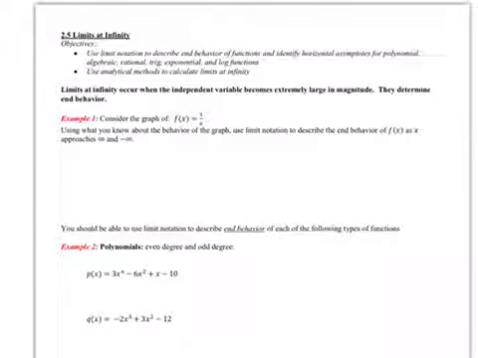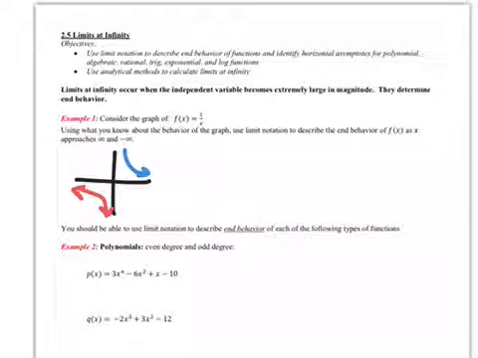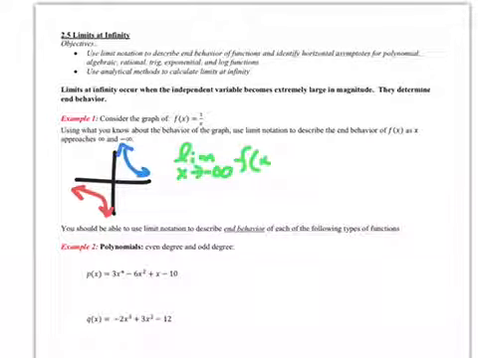So let's look at the first example. When we look at the function f of x equals 1 over x, we've got two separate stems to this graph. And in limit notation, the limit of the function as x approaches negative infinity, our function approaches 0.